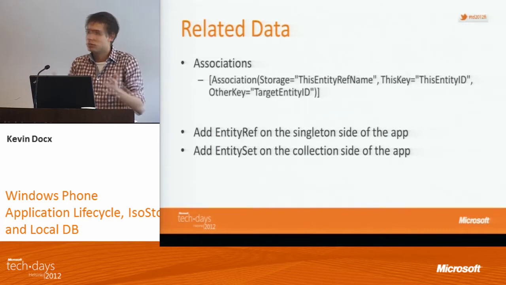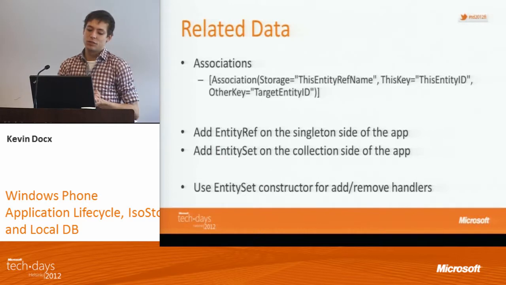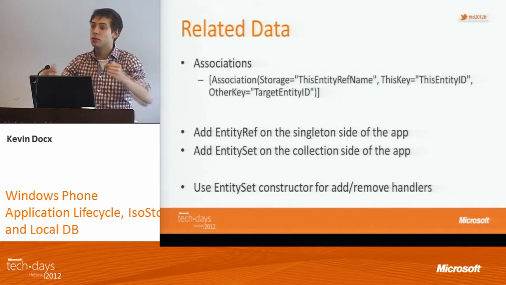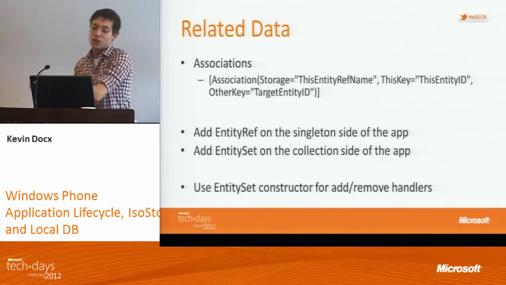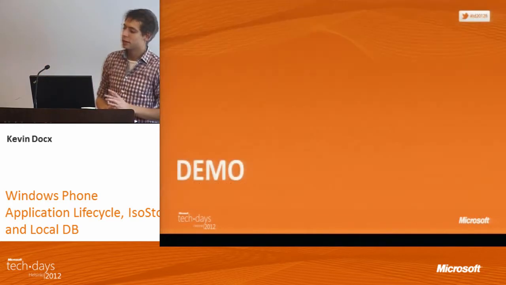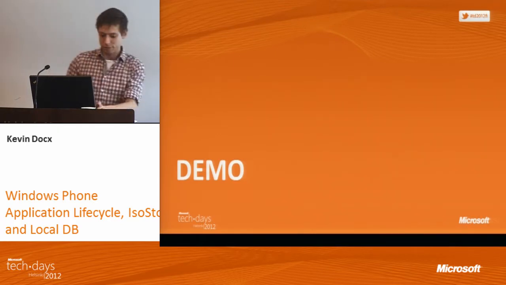It should be quite familiar for most of you, I think. And you can also use the entity set constructor to add and remove handlers on what extra code should be executed when an item is added through the entity set instead of the other way around. Again, it might sound a bit much in theory, but I'm going to show it to you in a demo.